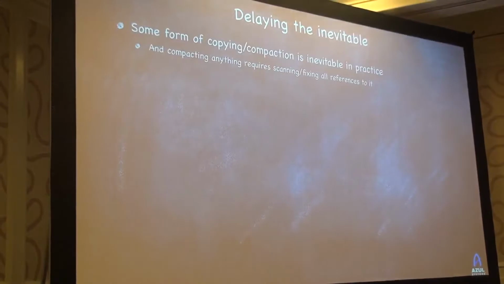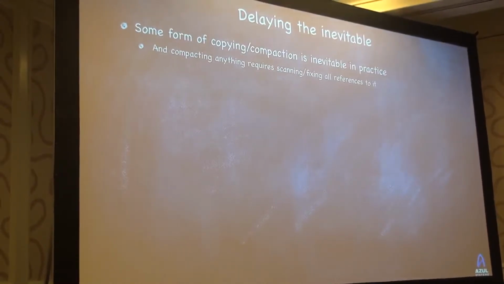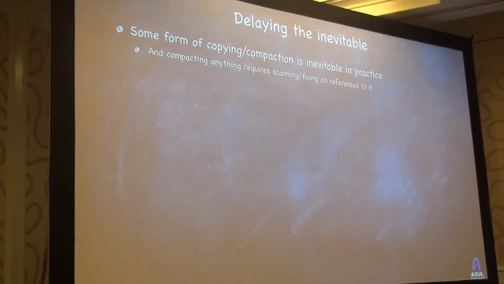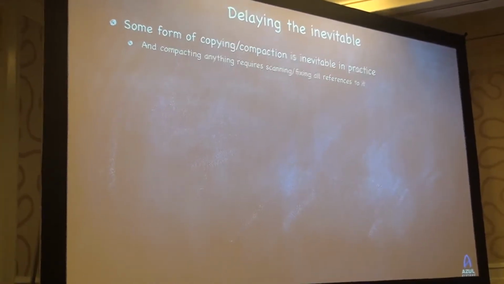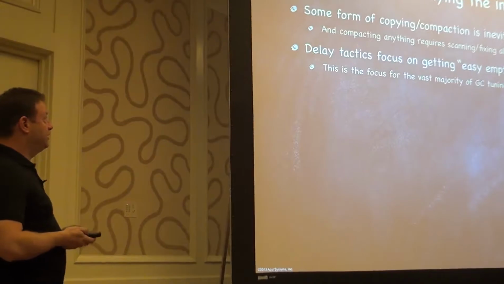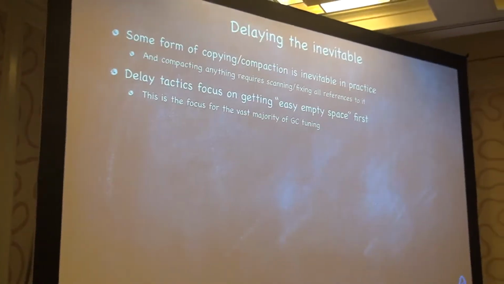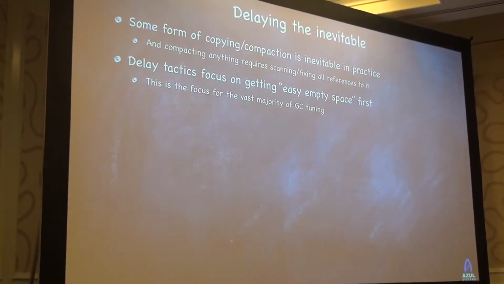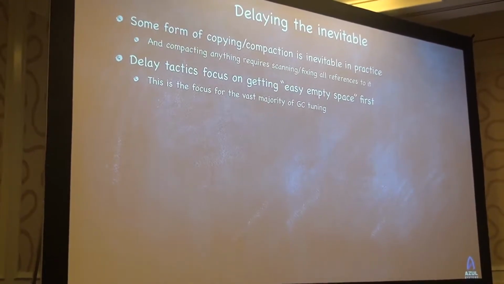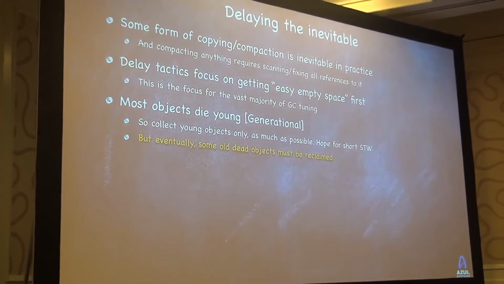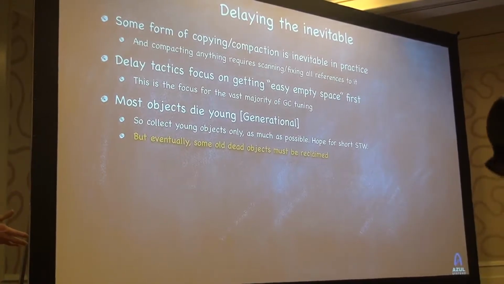Okay. I like to say that GC is mostly about delaying the inevitable, or has been for the last 15 years. Our approach at Azul was to actually try and break the cycle. You can look at delaying the inevitable as adding more algorithms and more tuning parameters that let you push the problem forward. So generational collection is a very effective way of delaying the need to do big pauses.